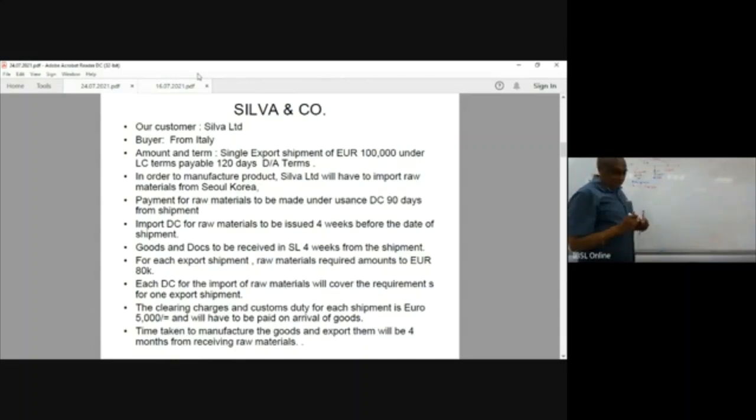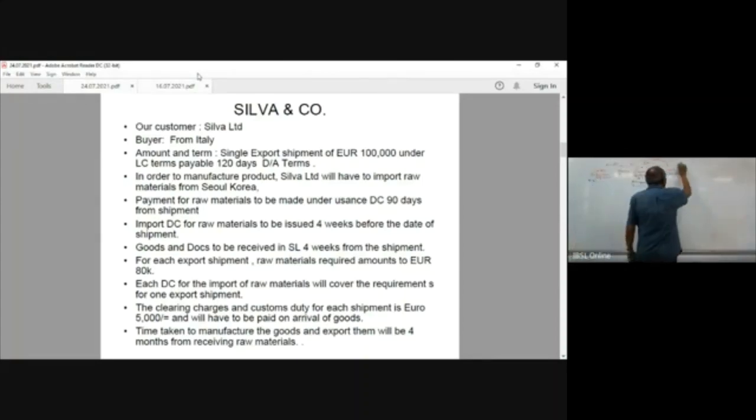How much is the export amount? Euro 100,000. Okay. Then payable 120 days DA.